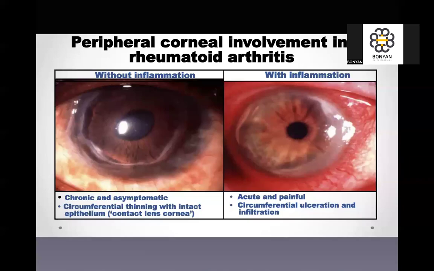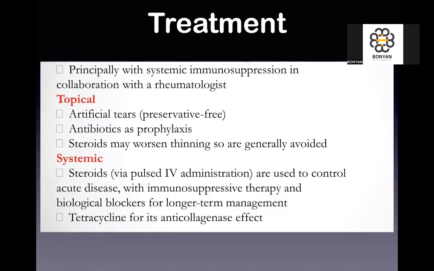Peripheral corneal involvement in rheumatoid arthritis may be silent, without inflammation or with inflammation. The treatment principally is systemic for the systemic autoimmune disease with immunosuppression with a rheumatologist. Topical tears, antibiotic, and it's recommended to be artificial tears without preservatives.